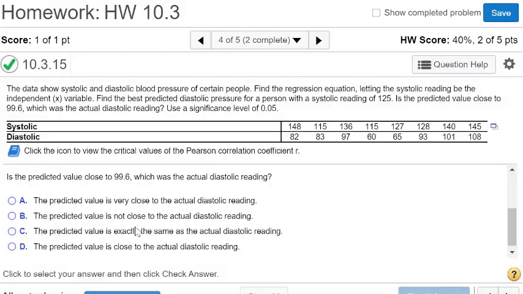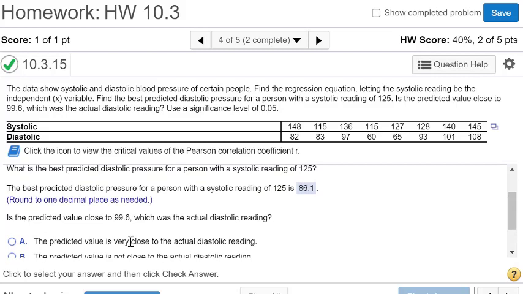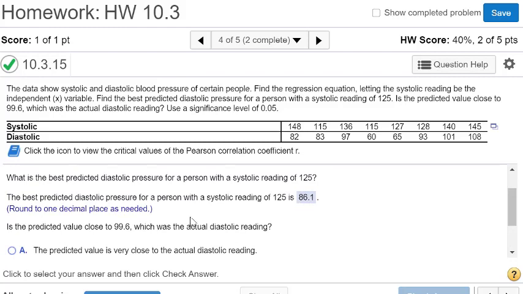Okay, now they want us to answer this question. Is the predicted value very close, not close, exactly the same? It's not exactly the same. Is it close? The difference between 99.6 and 86.1 is about 14-ish.